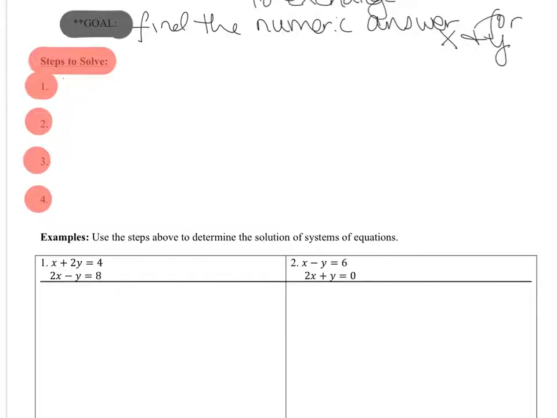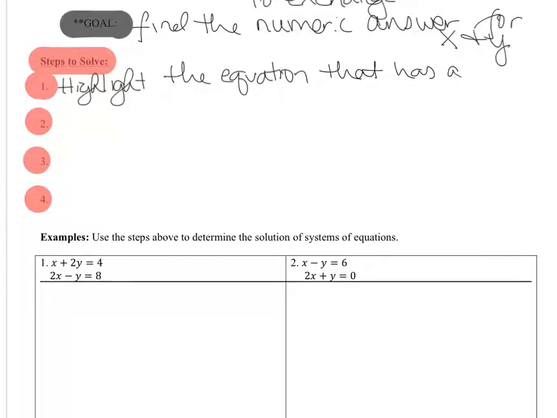Step 1, highlight the equation that has a positive variable without a coefficient.